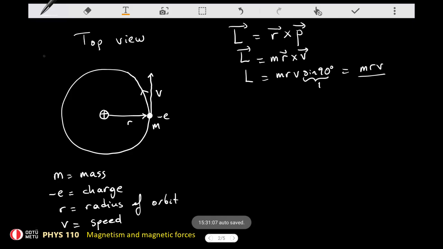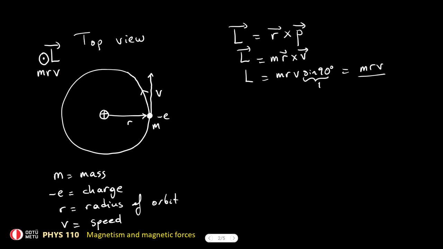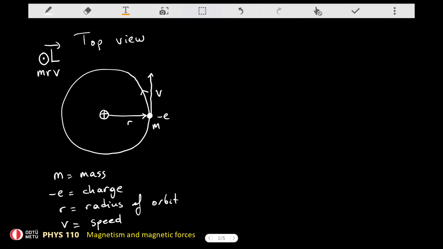The direction is pointing out of the screen, and its magnitude is mrv. All right, let's just write it down like that. Then since I'm going to use the space for other calculations, I'm going to erase these calculations that we have done. Then we have the magnetic dipole moment.